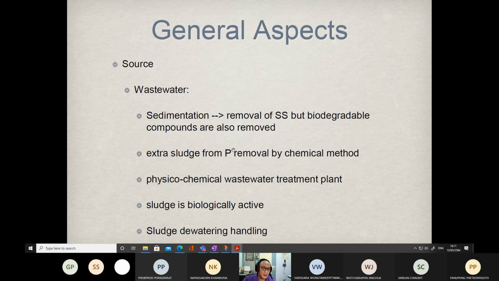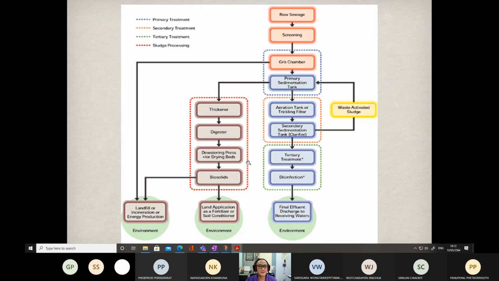So it depends on the treatment process. But anyway, for conventional wastewater treatment using activated sludge, the sludge mainly comes from the sedimentation process.